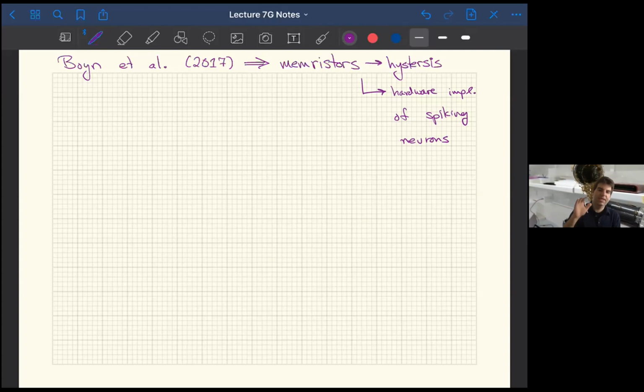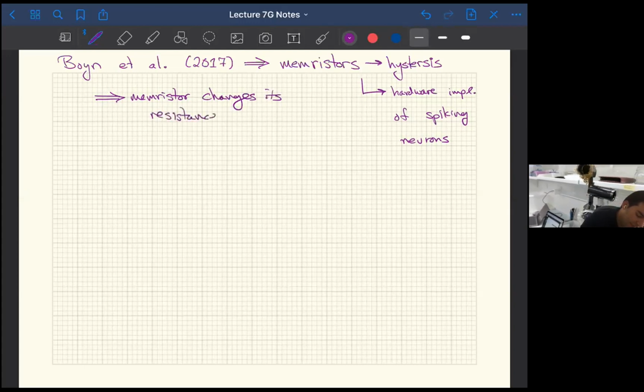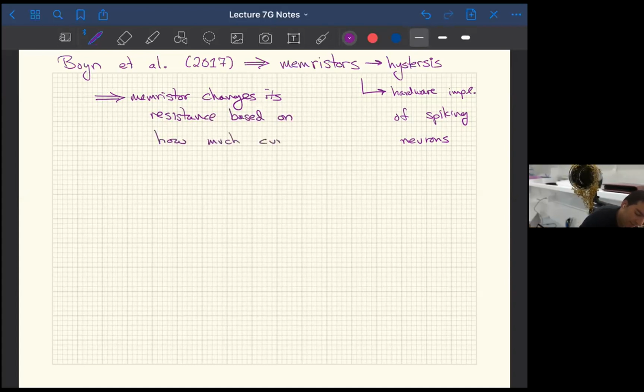A memristor is a memory resistor. A memristor changes its resistance based on how much current has moved through it.